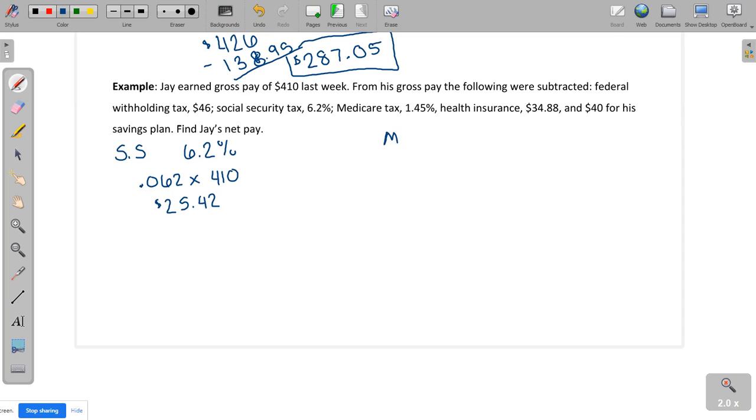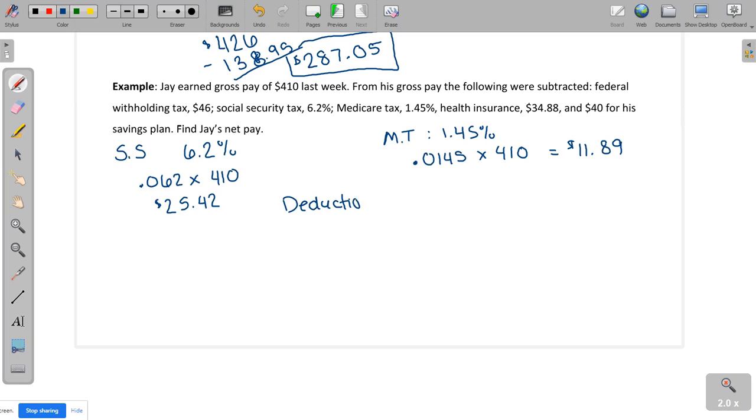Now, Medicare tax. Same thing, but 1.45%. Change to decimals, 0.0145, times our gross pay, and we get $11.89.